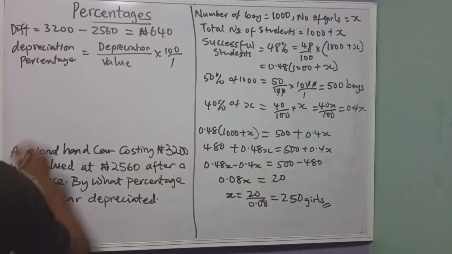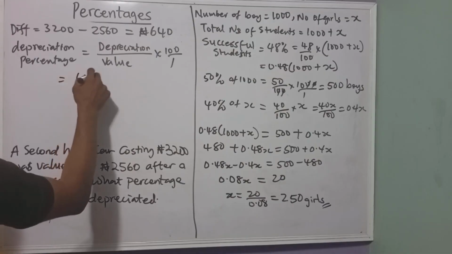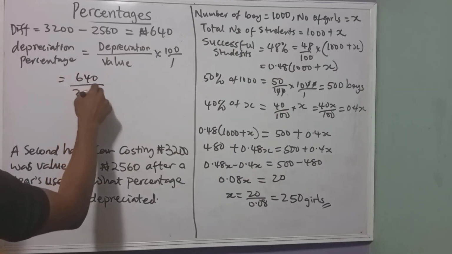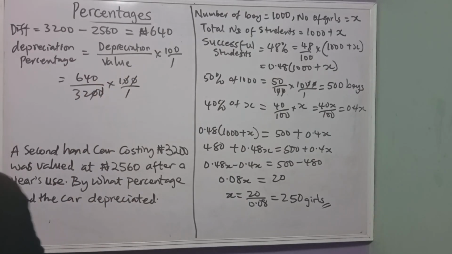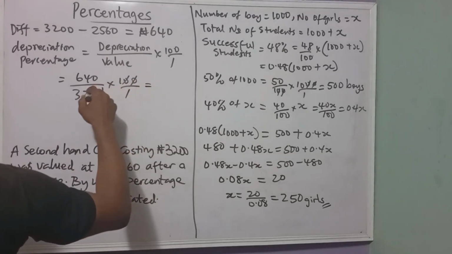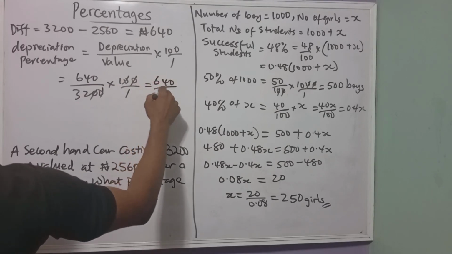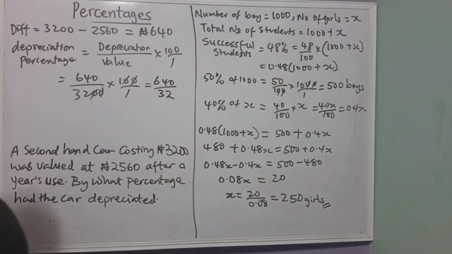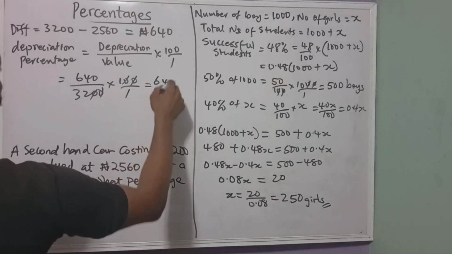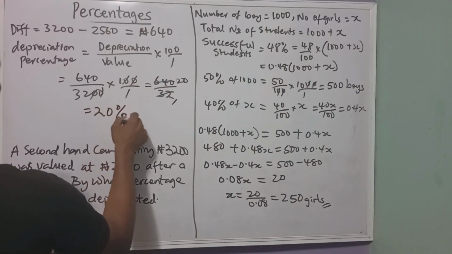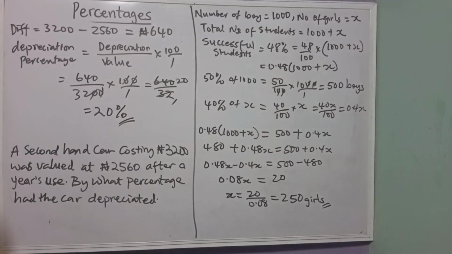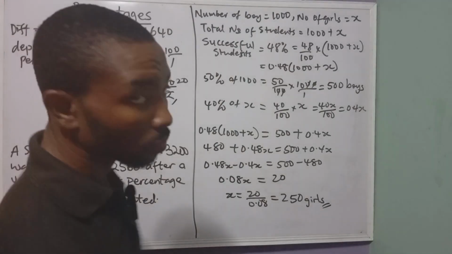So this will become 640 all over 3200 times 100 over 1. This cancels this, this cancels this. Reducing this to 640 over 32, so 32 here 1, 32 here 20. So this brings us to 20%. That means the car depreciated by 20%.